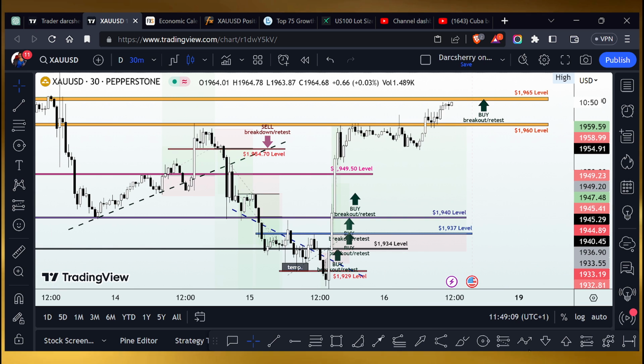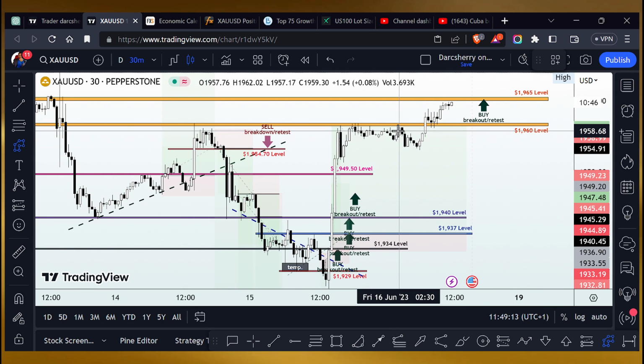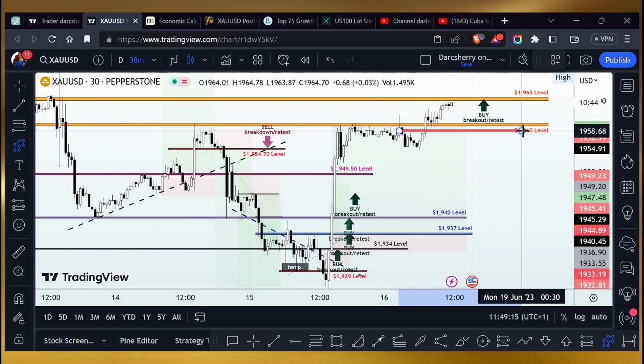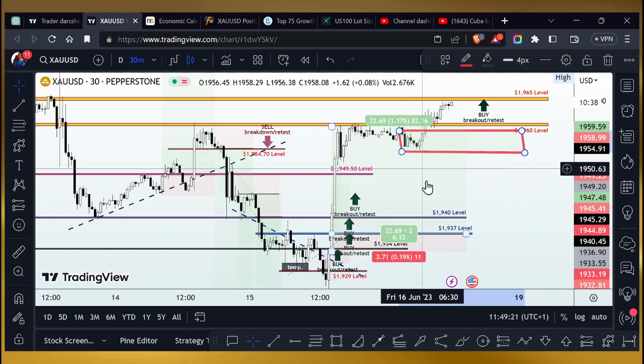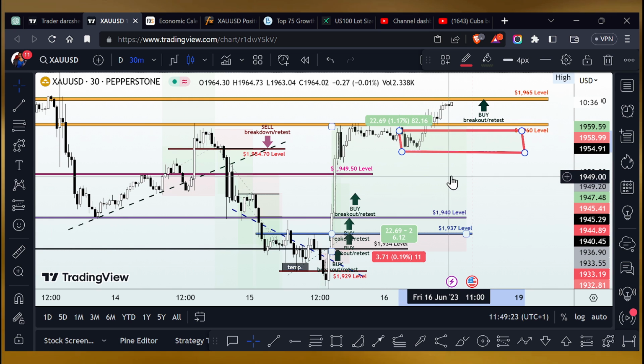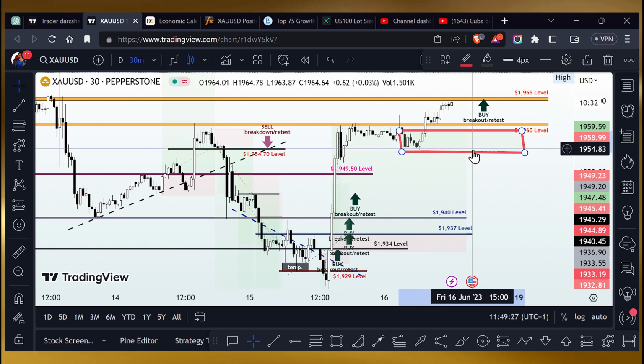If you would ask me, the area where I think you could move your stop losses to is anywhere below the 1,960 and the 1,954. As you all know, we want to give room for price action to breathe. So let's see how this will be playing out from this current structure.